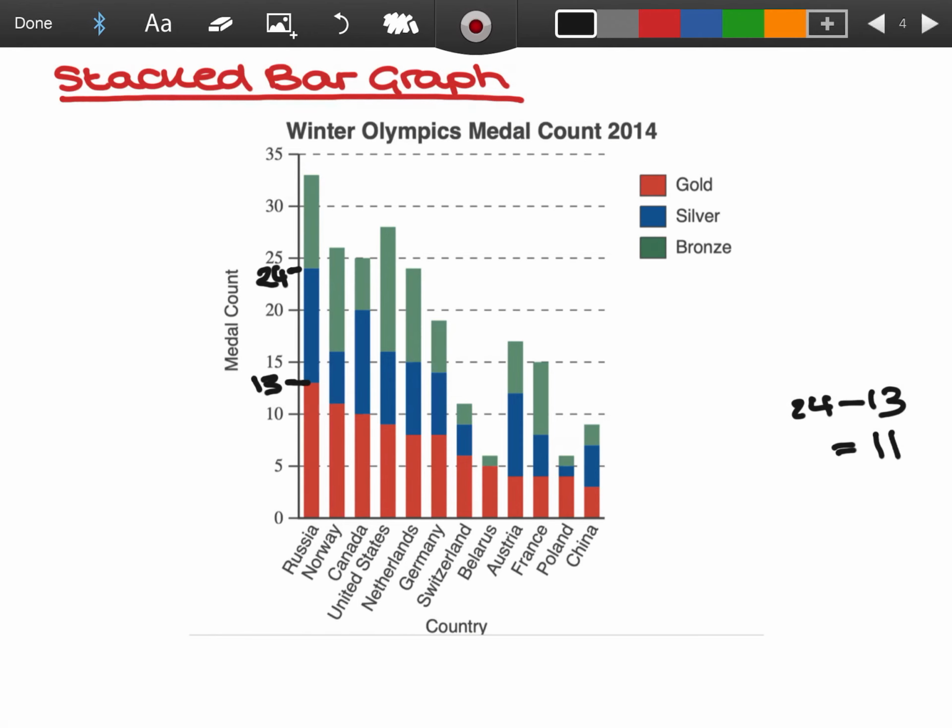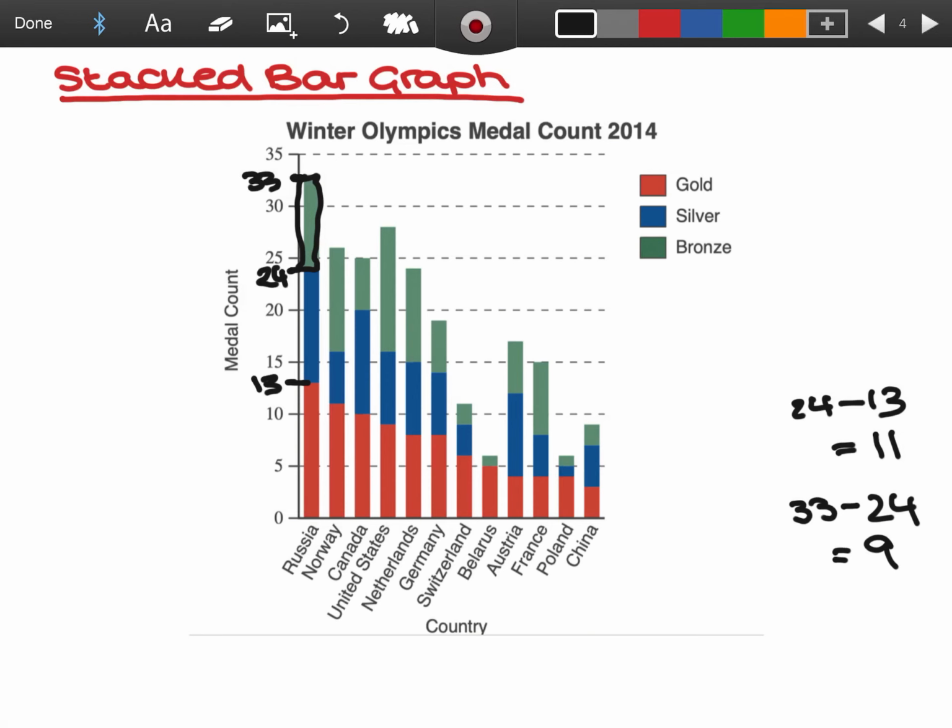Then to get the number of bronze medals, I'd come up to here, and that's probably about 33. So the number of bronze medals won would be 33 minus 24, which would be 9. So for Russia, there were 9 bronze medals, 11 silver medals, and 13 gold medals. That's how you read those graphs.